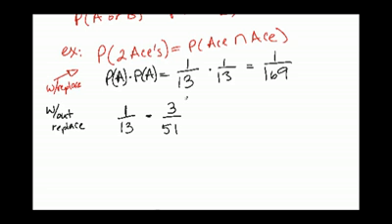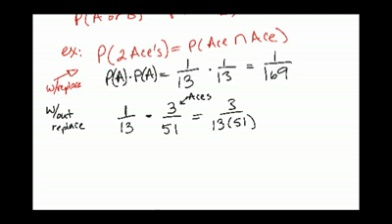And there's 3 total aces. And I left my calculator in the other room, so you guys are going to have to do this calculation on your own. But that would be the probability without replacement. That is not putting the ace back in the deck of cards after you pull the first card.